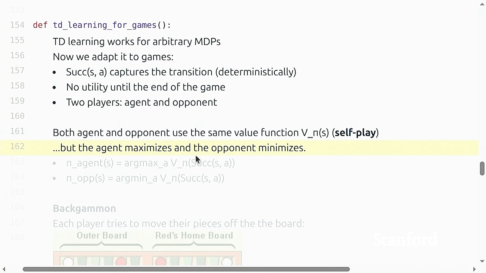But of course, the agent and opponent are not doing the same thing. The agent is trying to maximize, and the opponent is trying to minimize. Which means that there's a small tweak that we need to do.